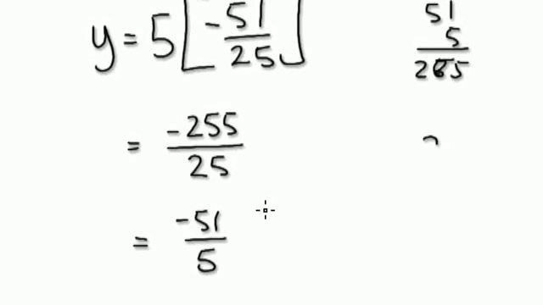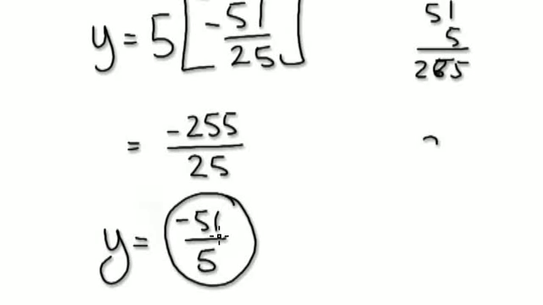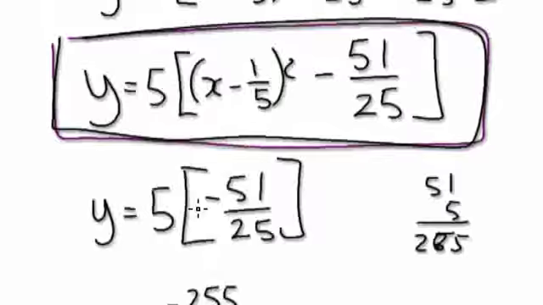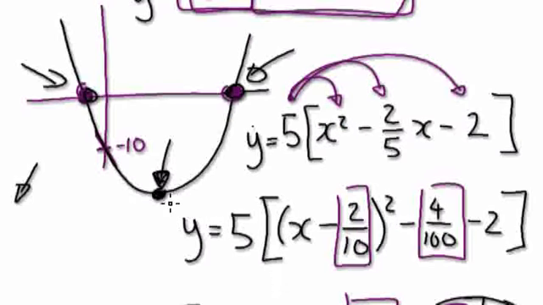Okay, is that right? Yeah, this is right. So y equals this at its lowest possible point, so minus 51 over 5. So the coordinates here will be something, minus 51 over 5.